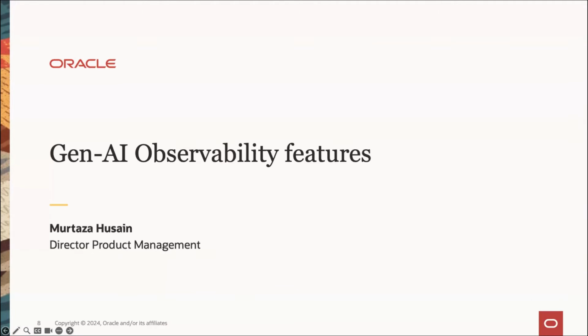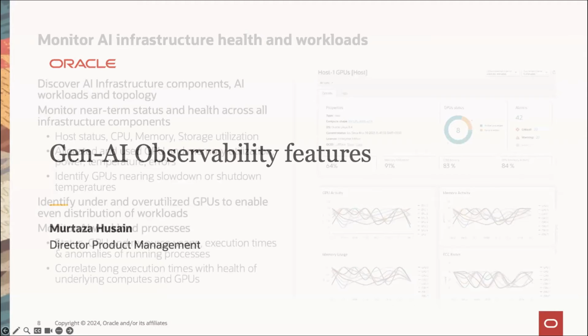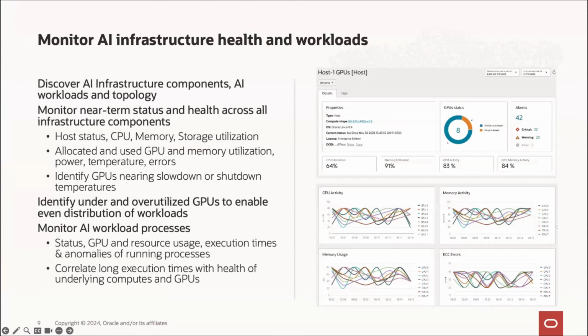Okay, so as Zubair touched upon towards the end of his presentation, we do have applications that we are building within the observability and management portfolio, which look at the monitoring aspects of the AI infrastructure running within Oracle Cloud.